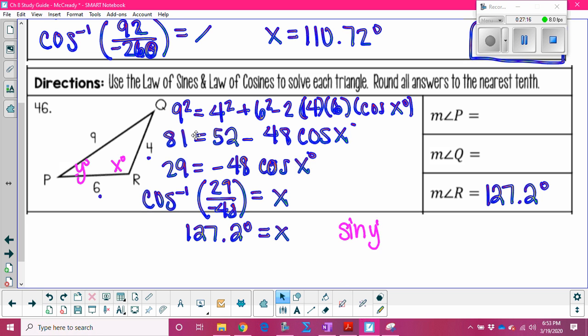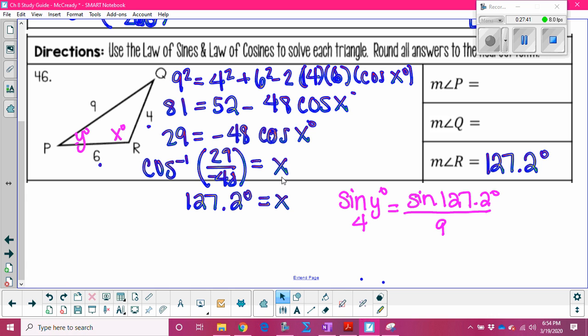The sine of y degrees over 4 equals the sine of 127.2 degrees over 9. Then I'm just going to cross multiply. So I'm going to have 9 times the sine of y equals 4 times the sine of 127.2 degrees.